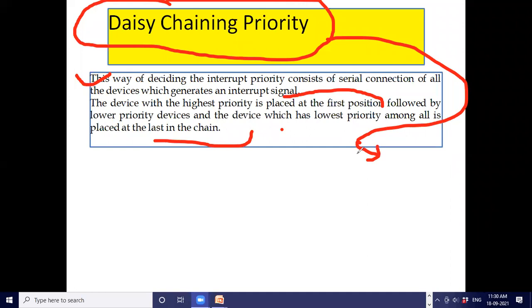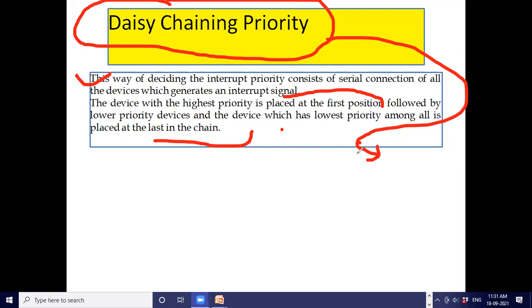Means we have one device like keyboard. Can you tell me it has high priority or low priority? If it is a keyboard, then it will be having a higher priority or lower priority. Remember in the last class, I told you these things.